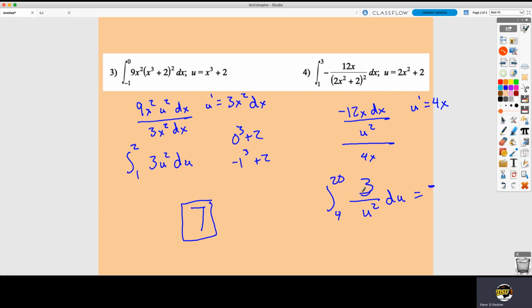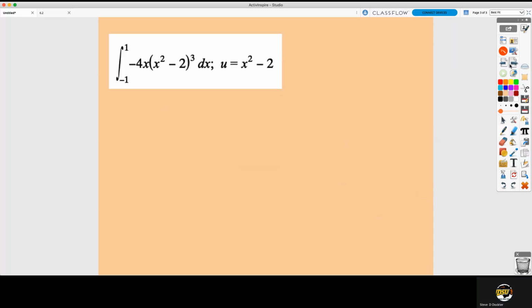Yeah. And then the bottom one was right? All right, negative 0.6. Very good. Any questions at all on those 4? All right, next one.